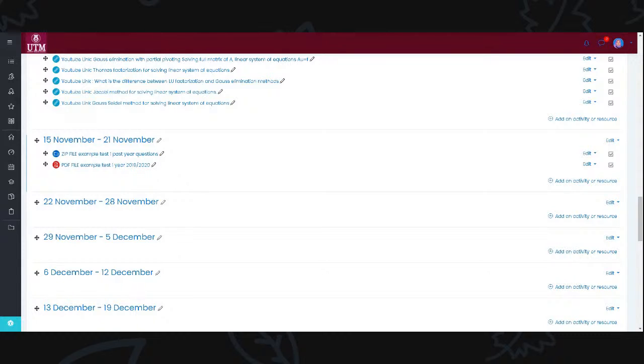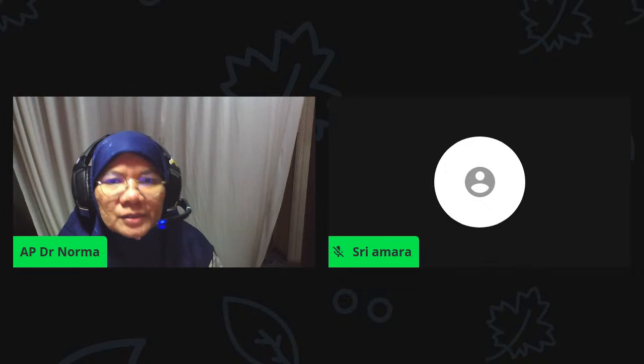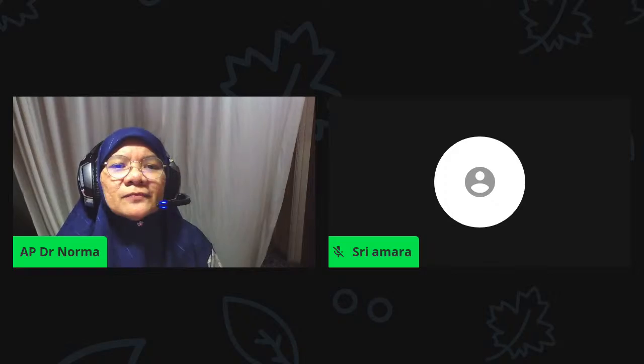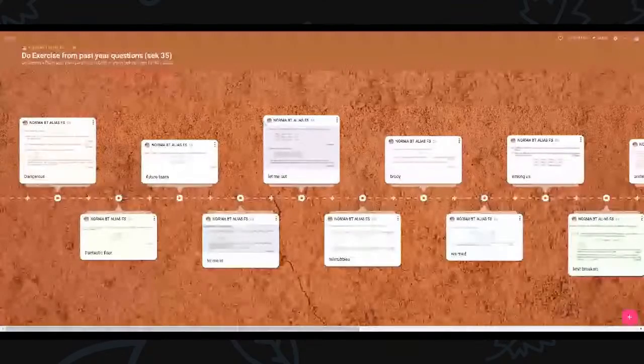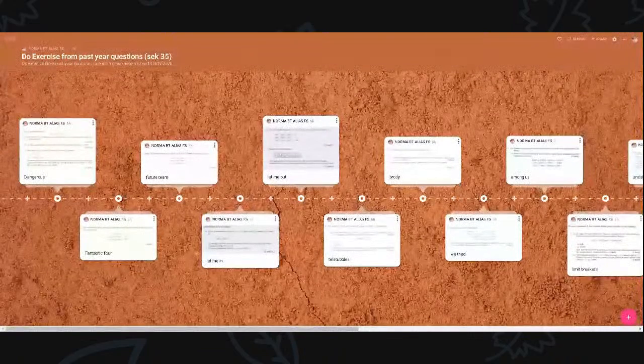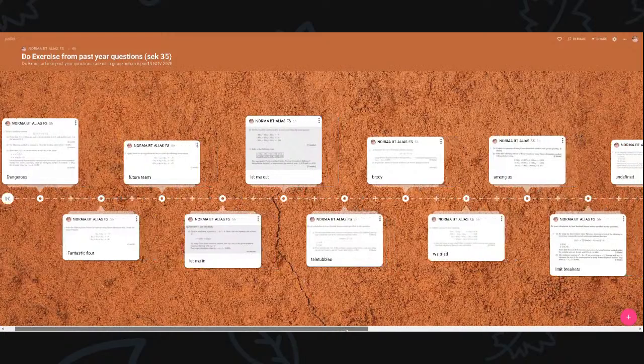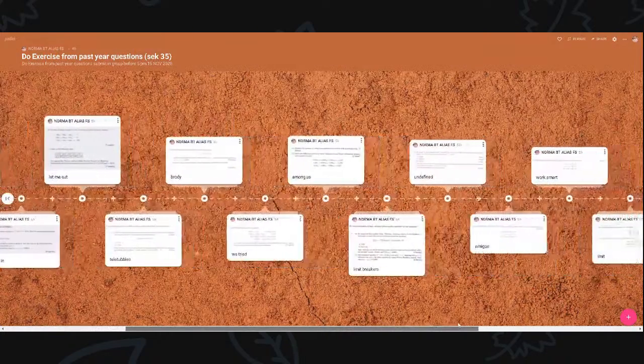Amara, I also address here section 35. I share the exercises from here. I collected the exercises from the past year questions on test one from the final exam, in the zip file, and then inserted them in the exercise here.